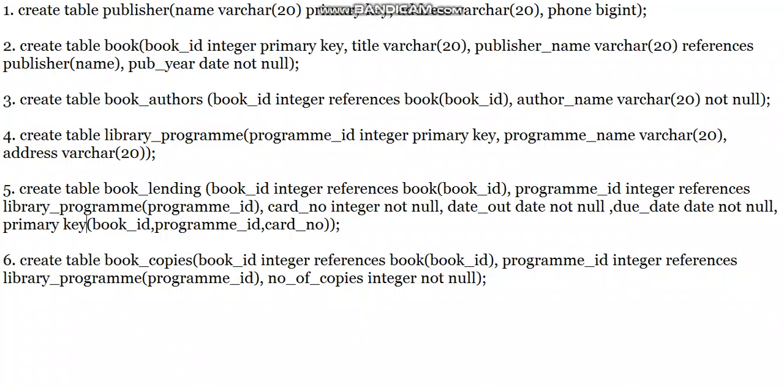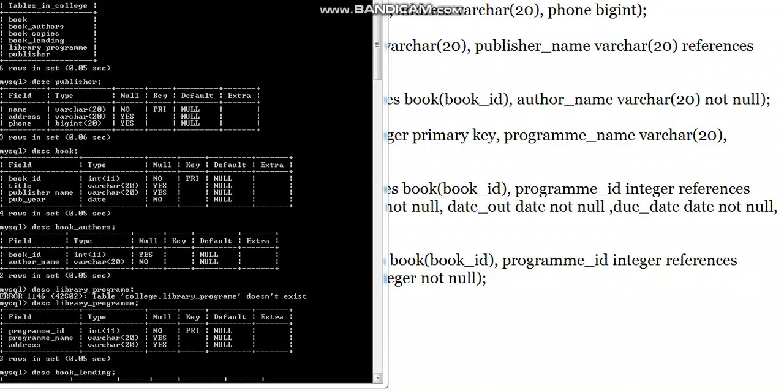Then the last table is create table book copies. That has book ID, an integer that references book of book ID, then program ID, which references the program ID, and then number of copies, of type integer, which should not be null.